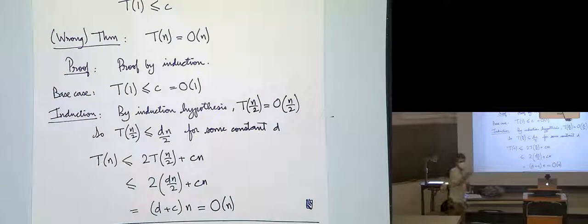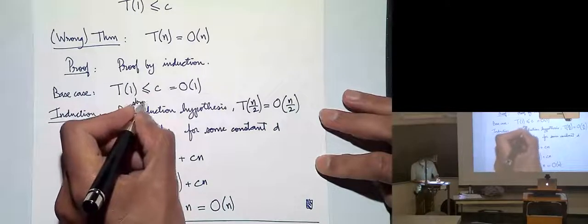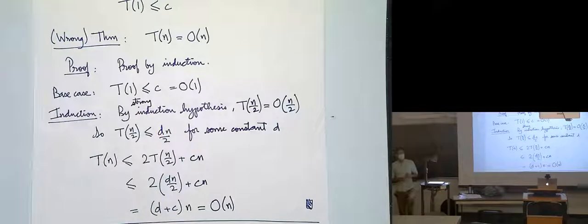Use strong induction, so you assume it true for everything up to n minus 1. I mean, if this bothers you, you can do strong. Strong induction means that you're assuming it true for every argument up to n minus 1.